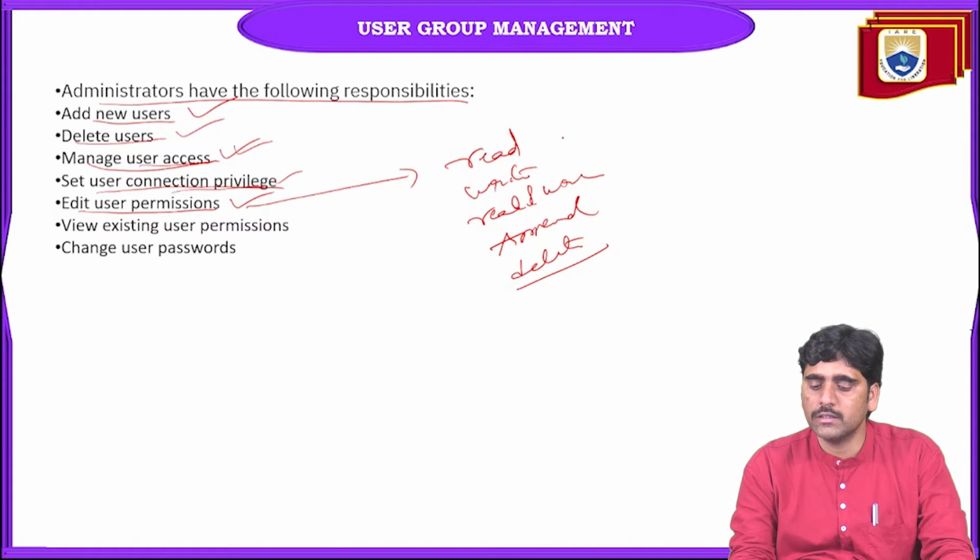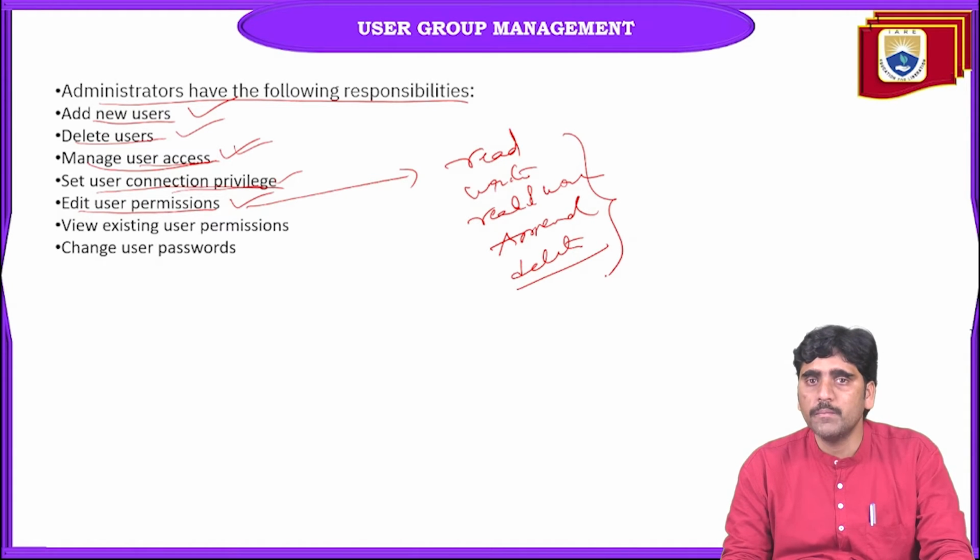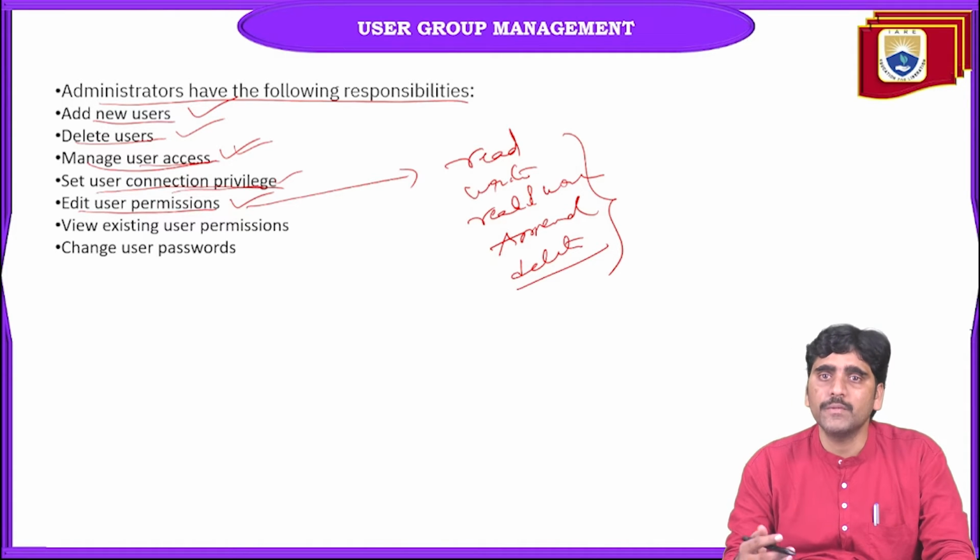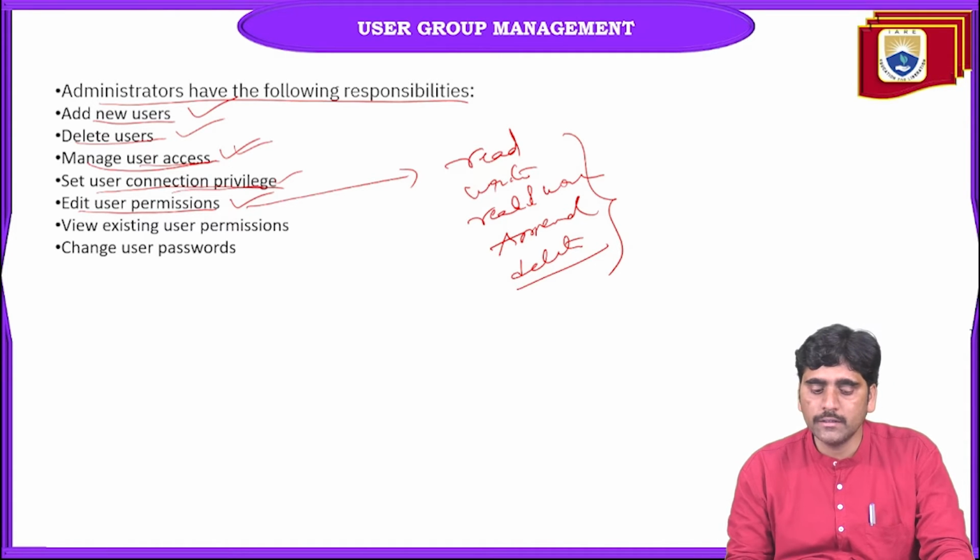All these types of permissions will be given to the user with the help of the administrator. The administrator can give all the privileges to the users, as well as edit the permissions if required.